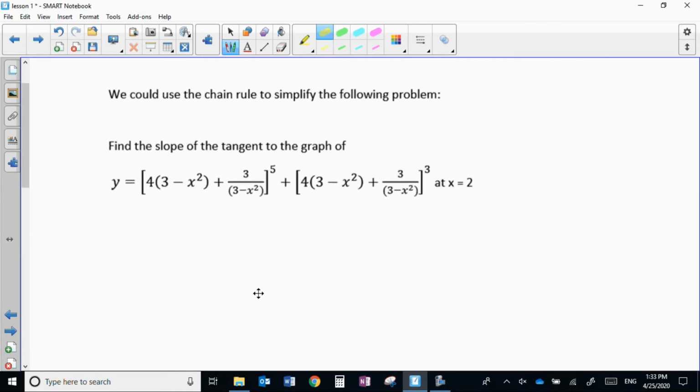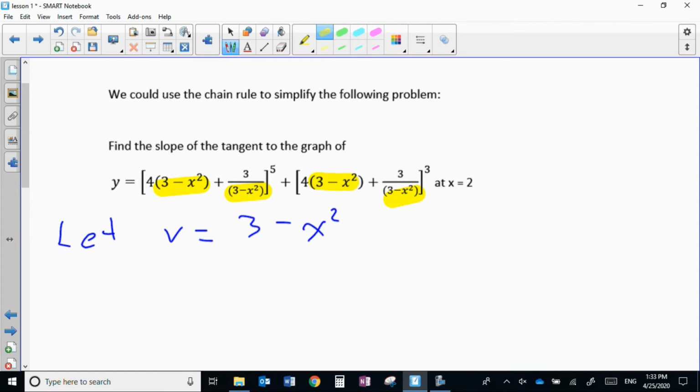We could use the chain rule to sort of simplify this problem. Look at this equation. It is an ugly, ugly mess. But if we wanted to, we could do the following. We could let v equal 3 take away x squared, since I see it in a few different areas here.